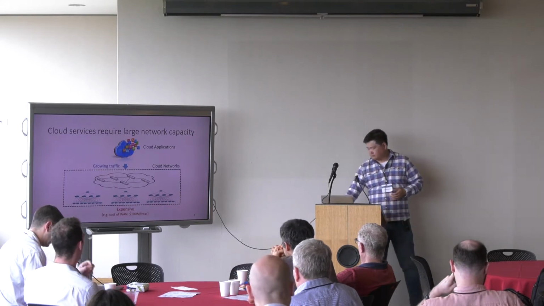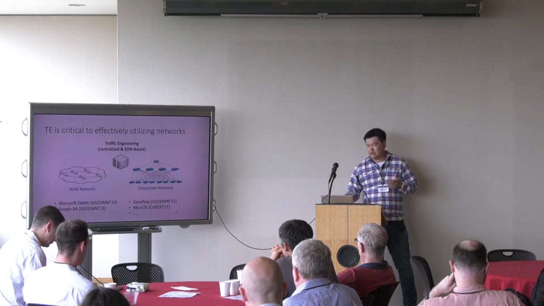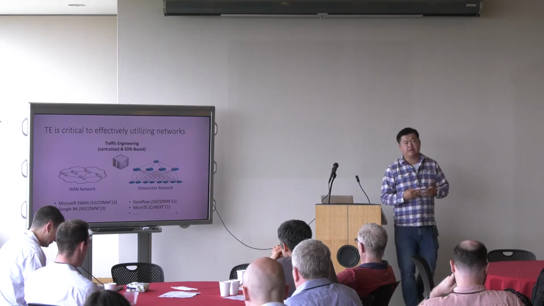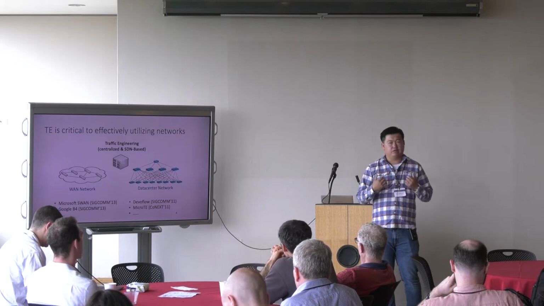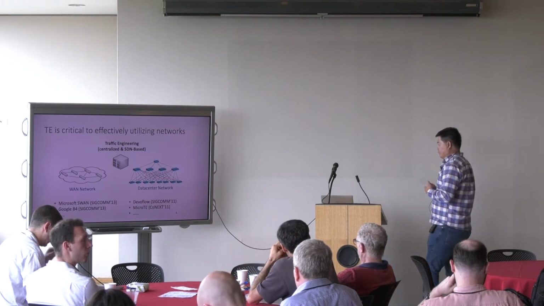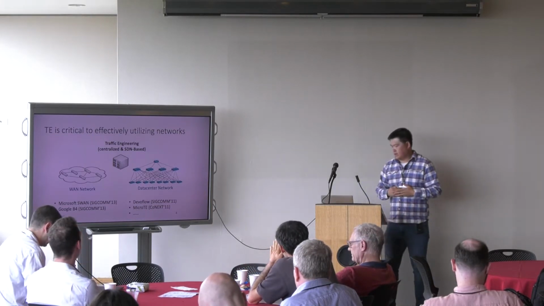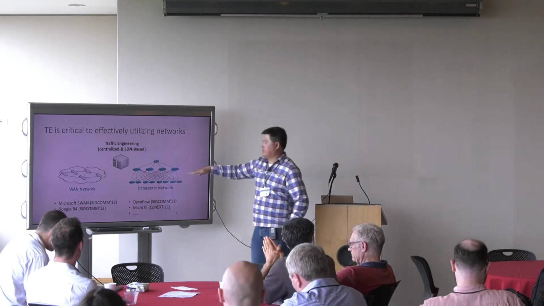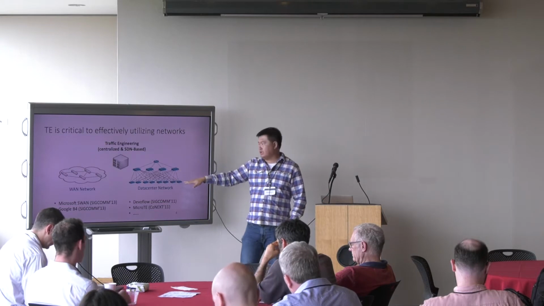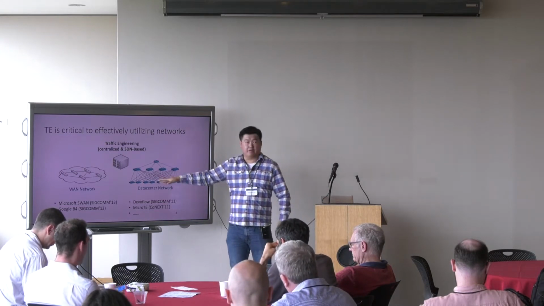For a network, people came up with the idea of making it highly utilized while still guaranteeing reliability and performance. Before my work, there was already an industry trend of building centralized TE to optimize utilization.